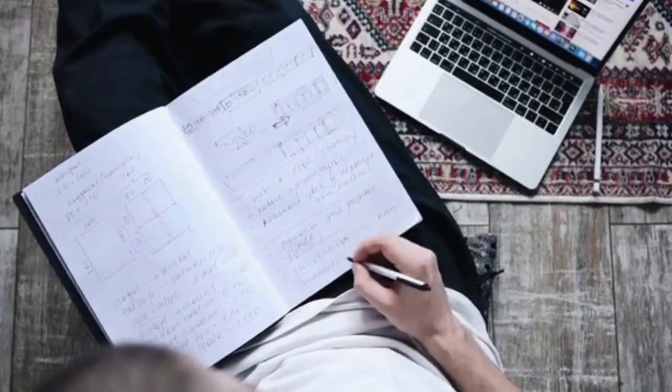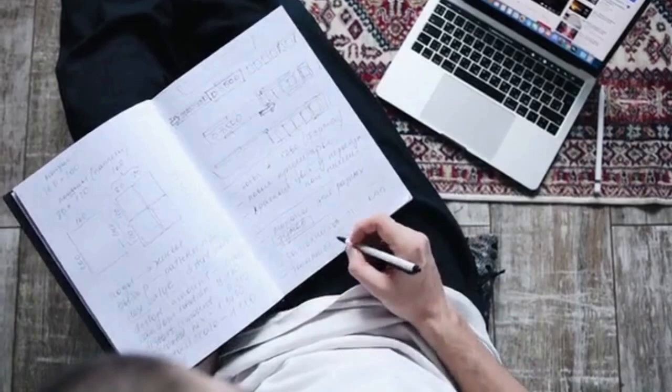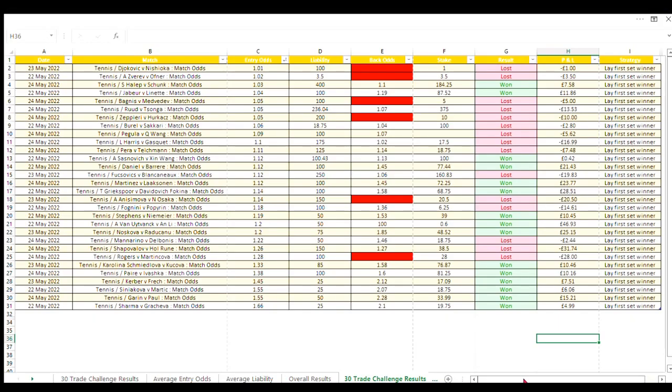This is why it's really important to be doing some sort of record keeping, reviewing of your performance, and so on and so forth, because it really helped me. Again, if you saw my previous video, as I was explaining my results, I'd noticed that I'd been laying at 1.09 on average and losing the trades. So I was able to review that information before I traded again, and made sure that I didn't trade at 1.09 again. It's a really, really useful thing to do.